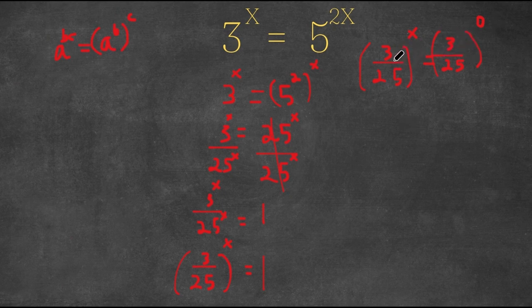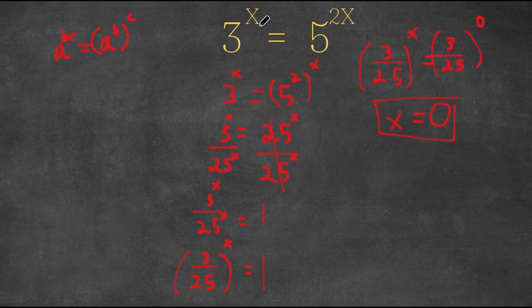And because both of these terms have the same bases, we know that their exponents are equal to each other, because if they weren't, then this would be false. So now we could just ignore these two bases and set these exponents equal to each other. So x is equal to 0. And this is actually our answer, because we can't simplify this anymore. X is equal to 0.